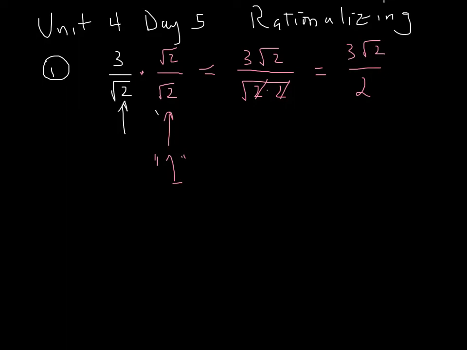It's rationalized. Example 2. Let's say we've got a cube root, like the cube root of 6 divided by the cube root of 9. Now, these are cube roots, so we need to have 3 numbers that are the exact same before we can simplify things.